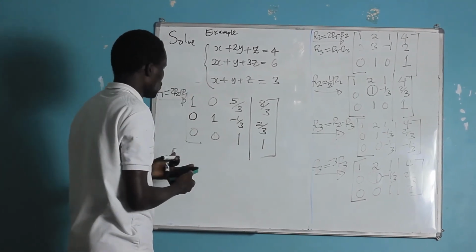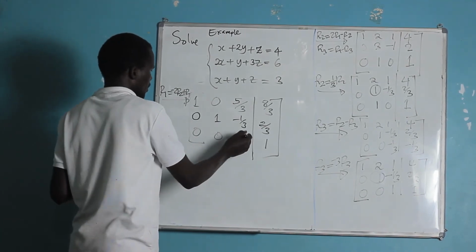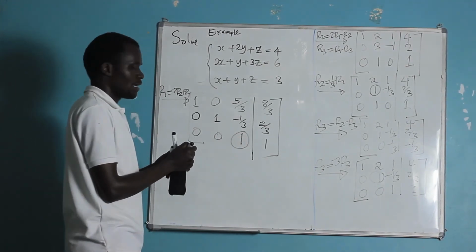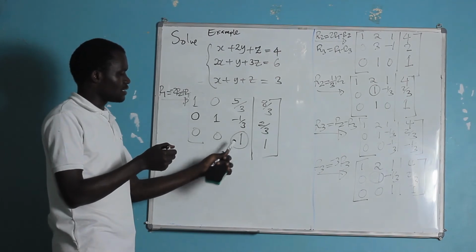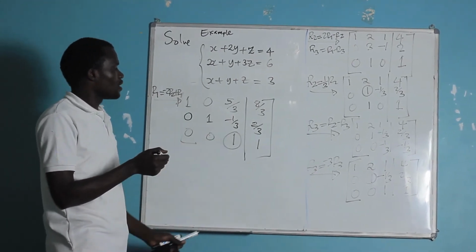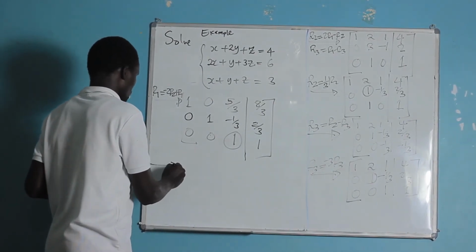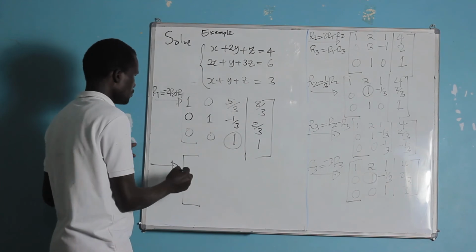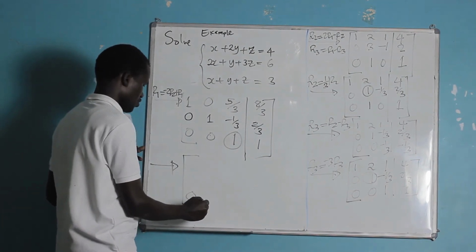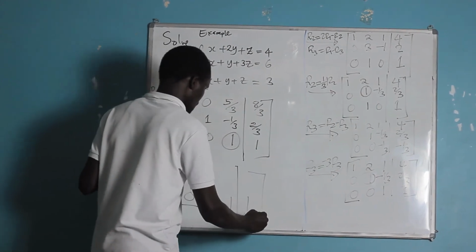Okay, now what we are going to do, we are going to reduce this one and this one with respect to this one as a pivot, because this leading entry in its column is supposed to be the only non-zero number. So, reducing, remember to start with this one: 0, 0, 1, and there is 1.